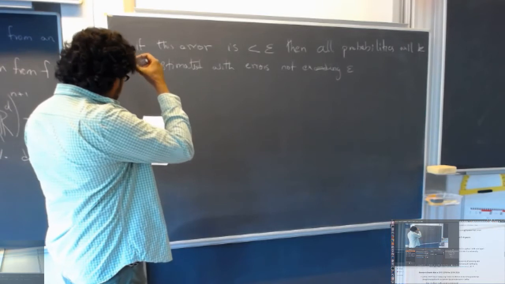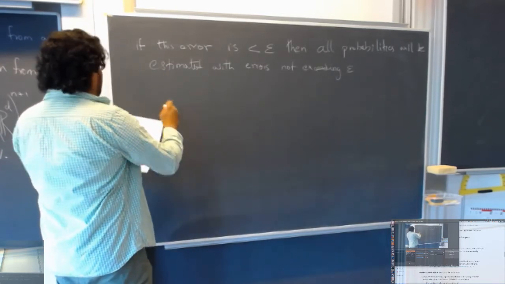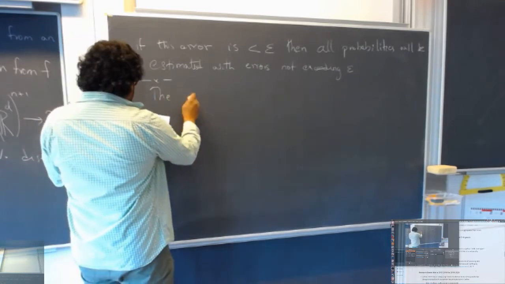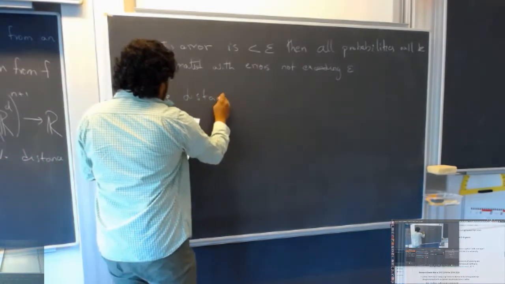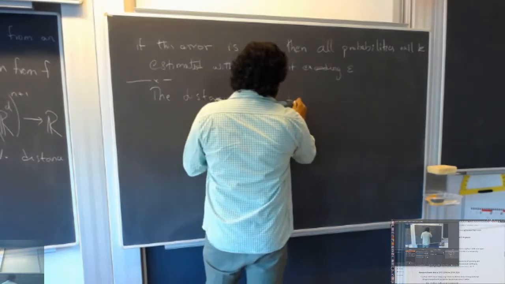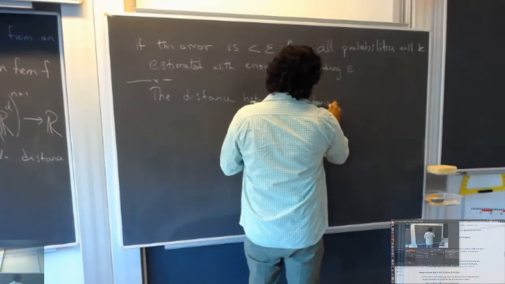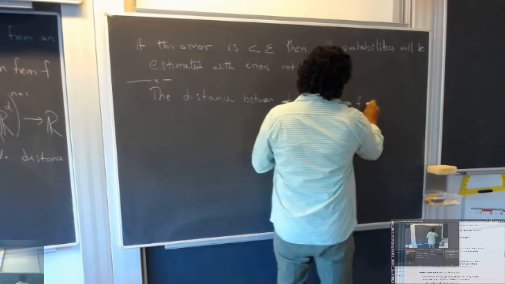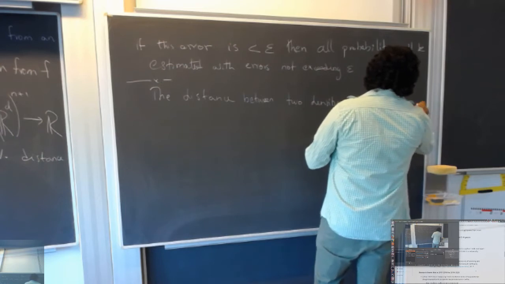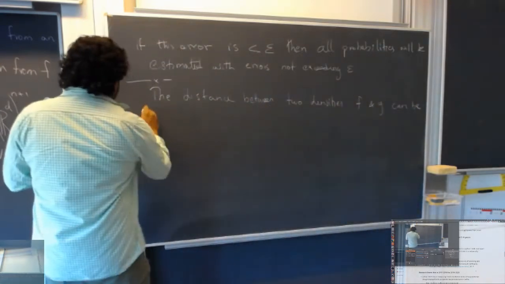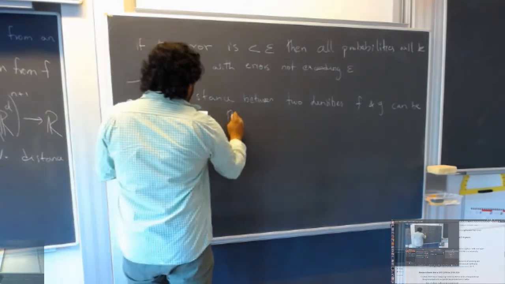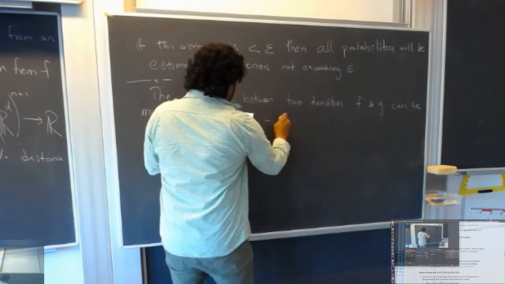So let's first look at this nice identity. The distance between two densities f and g can be measured by the L1 distance, right?